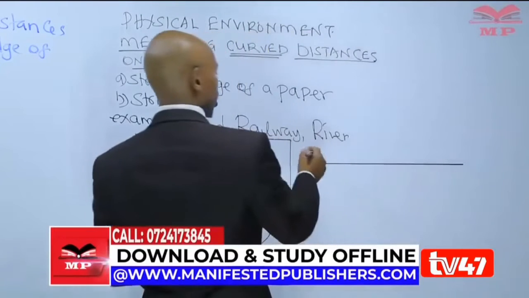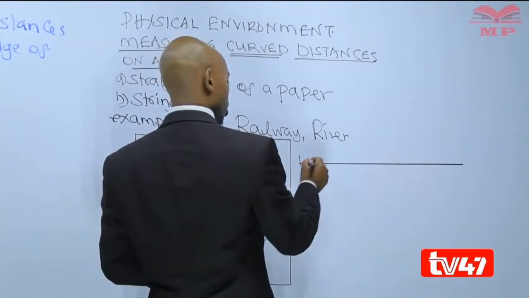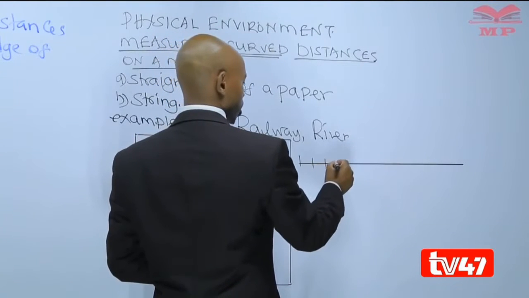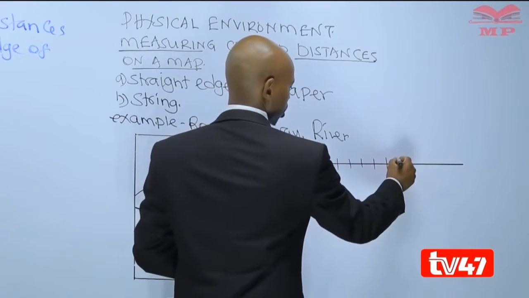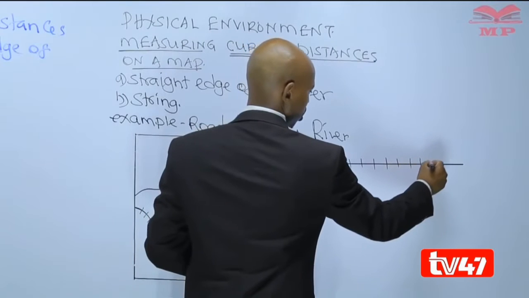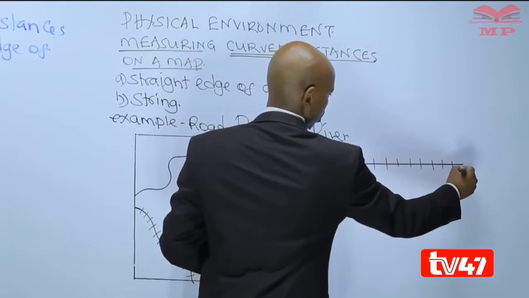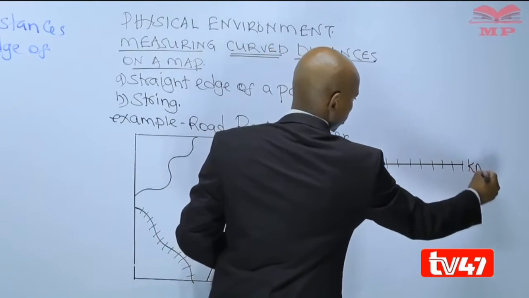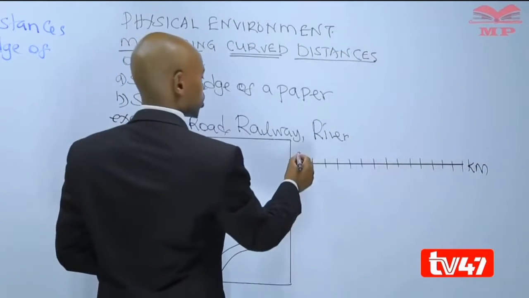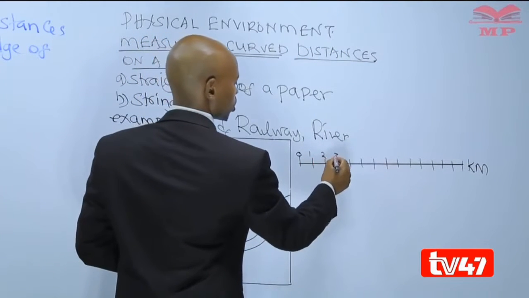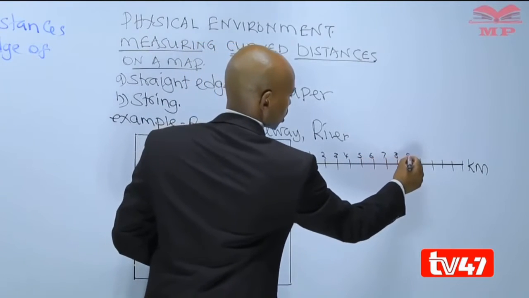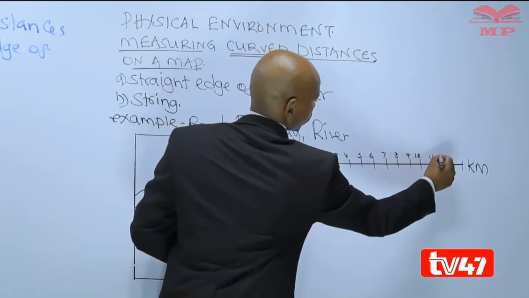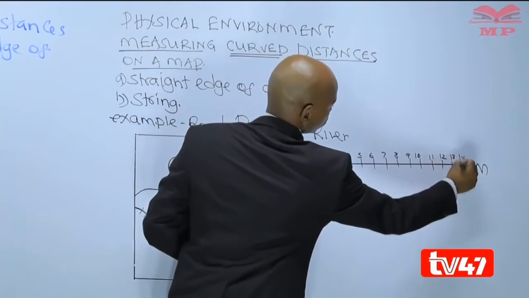Remember our linear scale, in kilometers: 0, 1, 2, 3, 4, 5, 6, 7, 8, 9, 10, 11, 12, 13, 14.